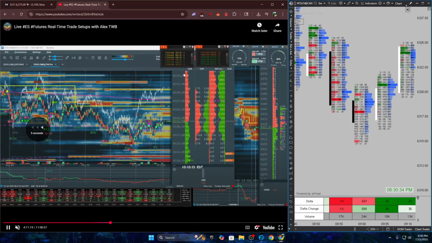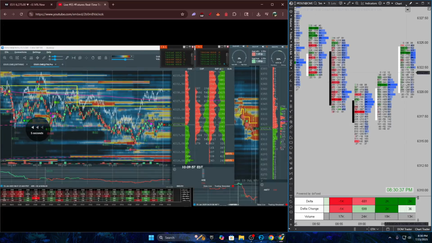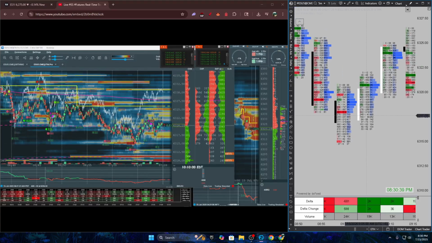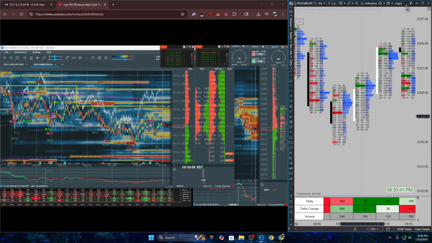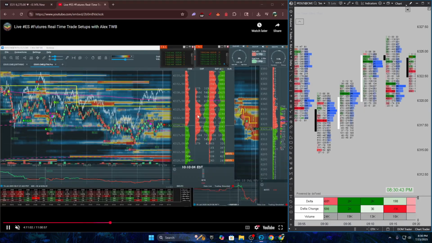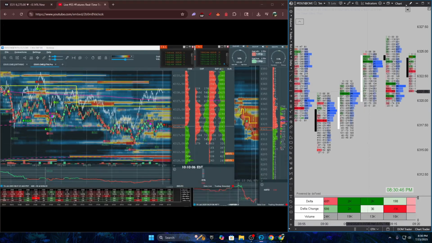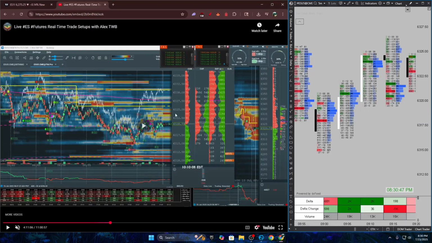Because at this point, where was that? 6317? Yeah, honestly, this is nothing I'm seeing here. No absorption there for us to enter.